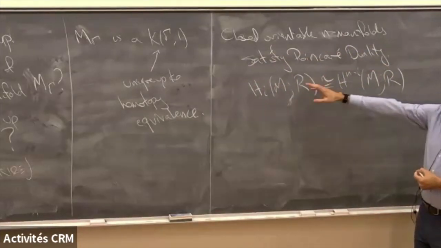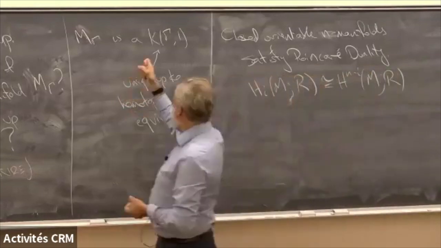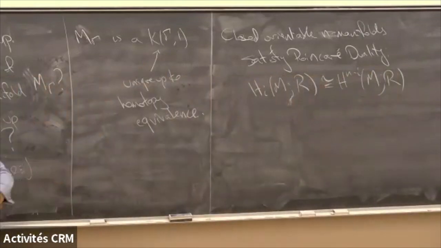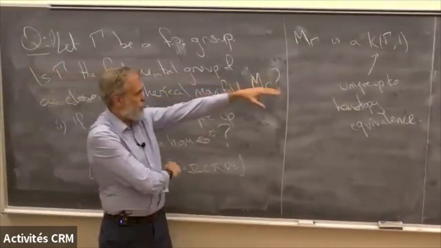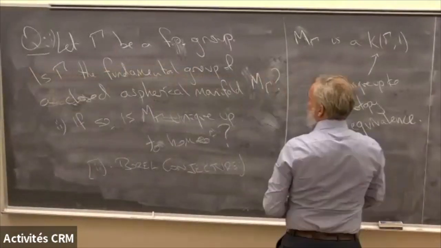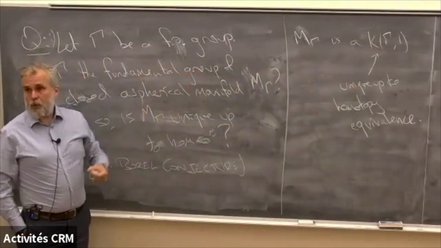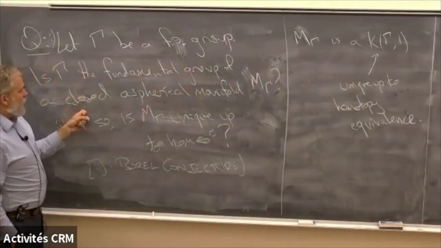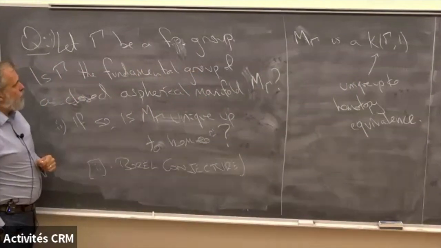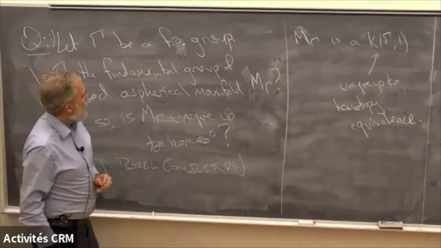So you give me a group gamma, then there is a K gamma 1, and you can calculate its homology and its cohomology, and it may or may not satisfy this condition. Probably for your favorite group, unless it happens to be such a thing, if you just come across a group at random, it probably won't satisfy this. So the right question is not the first one. The right question is, supposing that a group satisfies Poincare duality, then is it the fundamental group of a closed aspherical manifold?